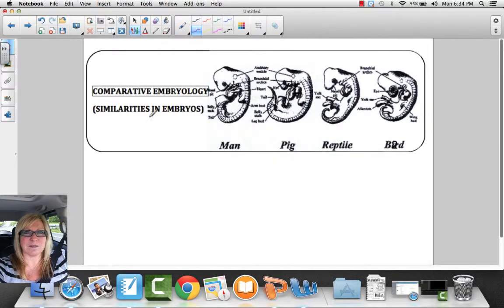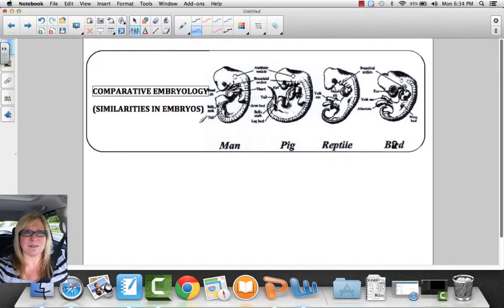And then we have something called comparative embryology. So these are all reasons or ways in which organisms are similar to one another. Same structures, comparative anatomy, comparative biochemistry, and now we have comparative embryology. Similarities in embryos. Let's look at the man, the pig, the reptile, and the bird.